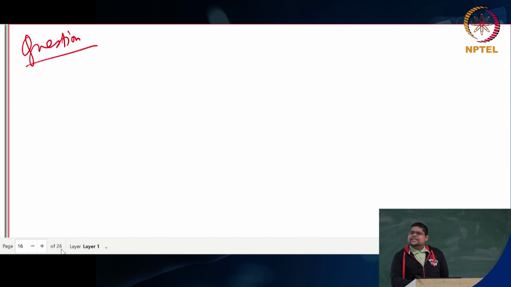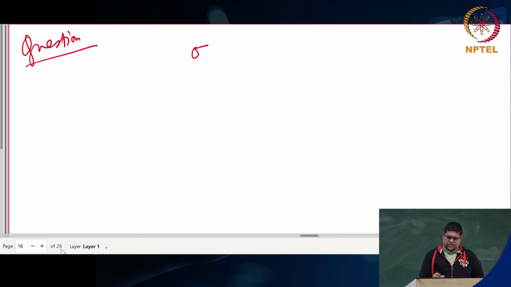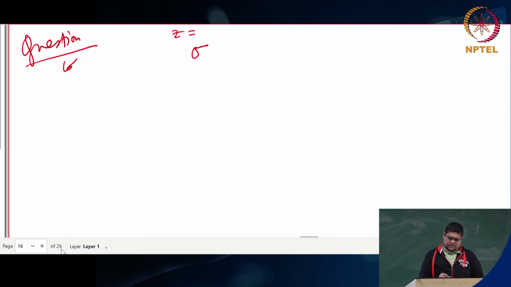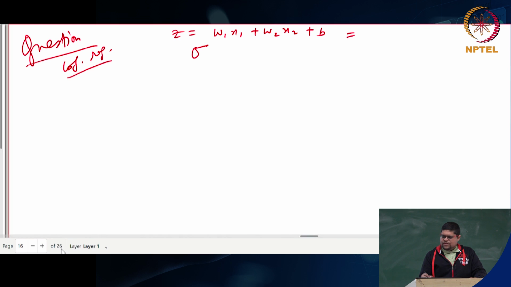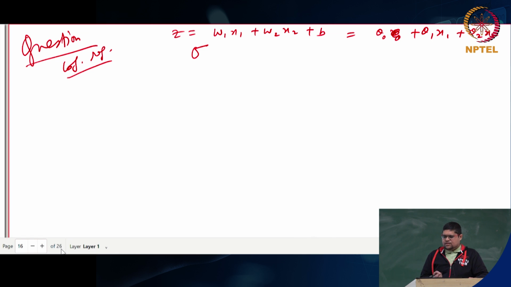In logistic regression, at first, what did we take? Z equal to say W1x1 plus W2x2 plus B. We have actually taken it in terms of theta 0 plus theta 1x1 plus theta 2x2, the same thing.